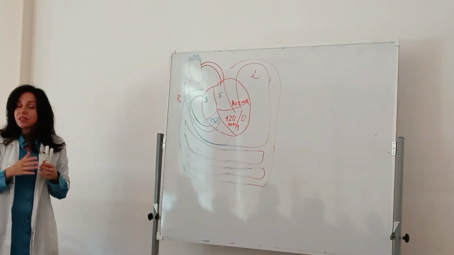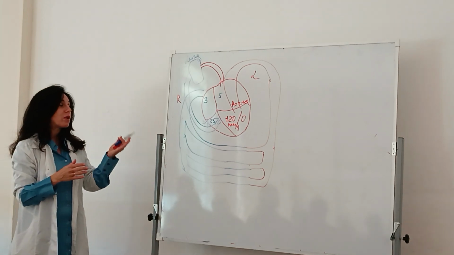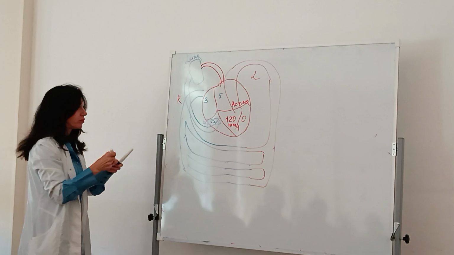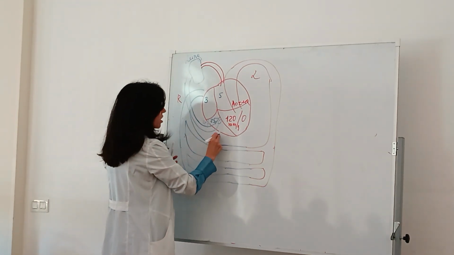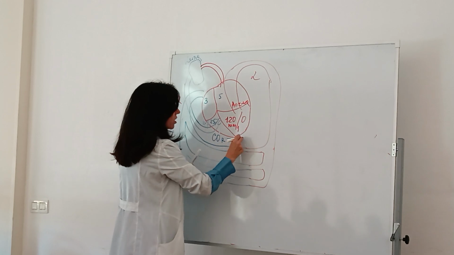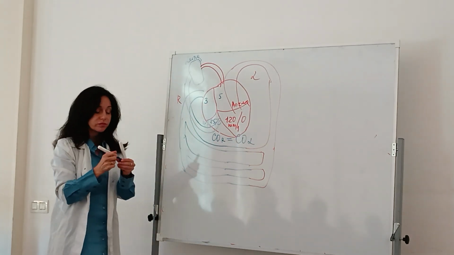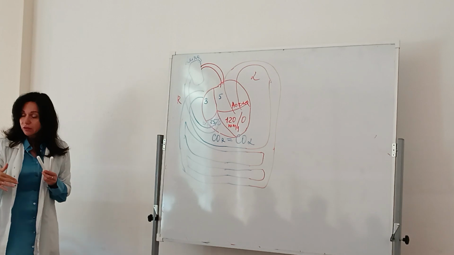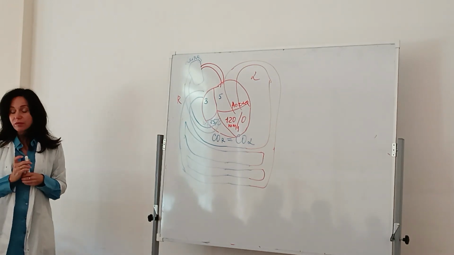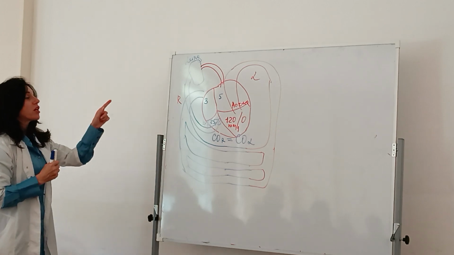Cardiac output in systemic circulation and pulmonary circulation must be equal: cardiac output right and cardiac output left, the amount of injected blood per minute. This is the pressure gradient.